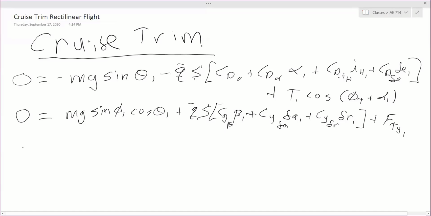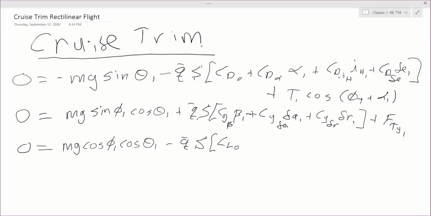And then we have the Z force. And we have all these ones because remember this is steady state. Because that's what we're doing, a steady state flight right now. And the lift model is going to be CL0, CL alpha times alpha, CL IH.